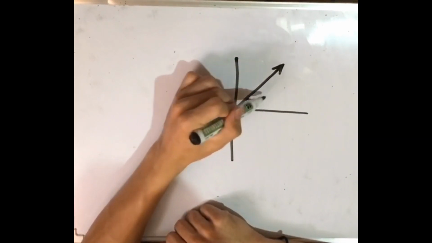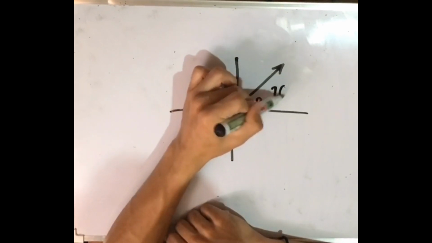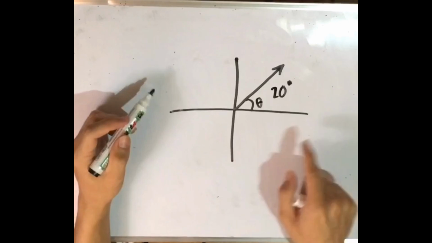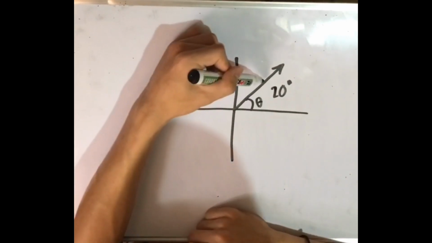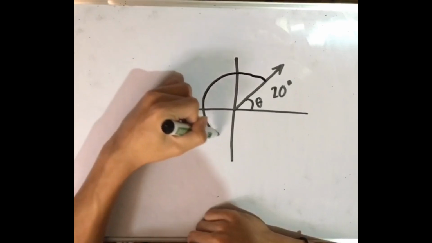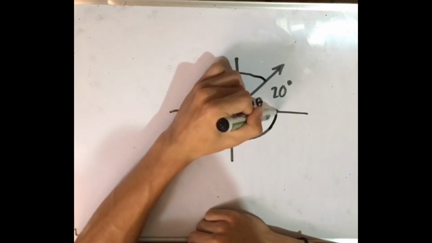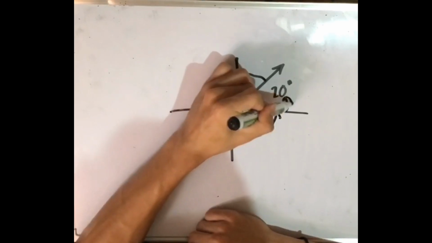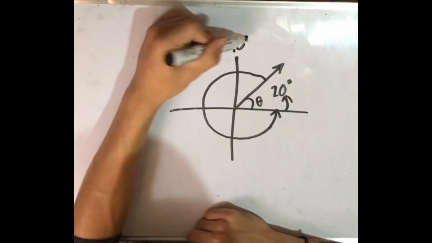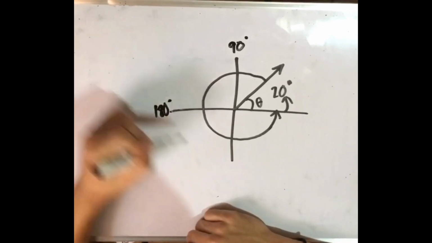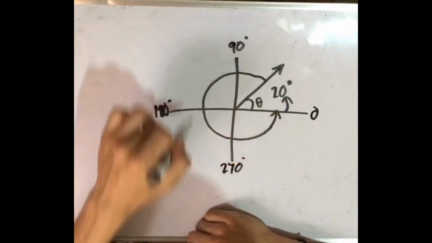This is 20 degrees. If we travel along this, this is 90 degrees, 180 degrees, and 270 degrees. And this is 0. So the whole is 360.